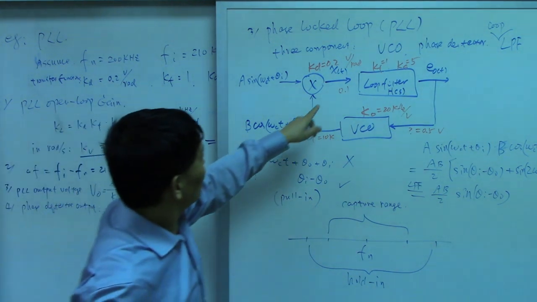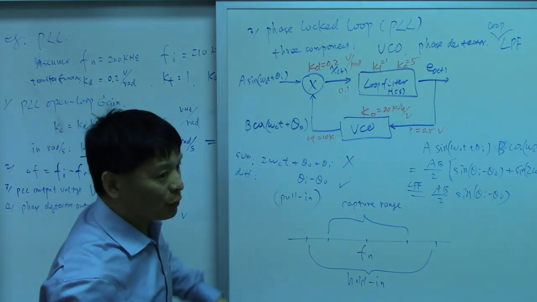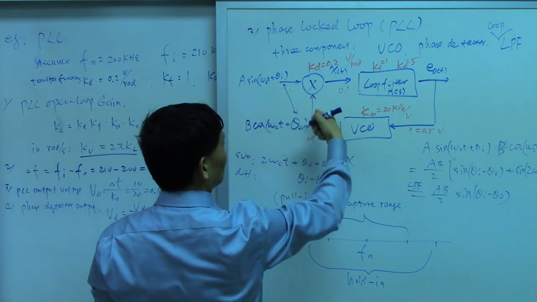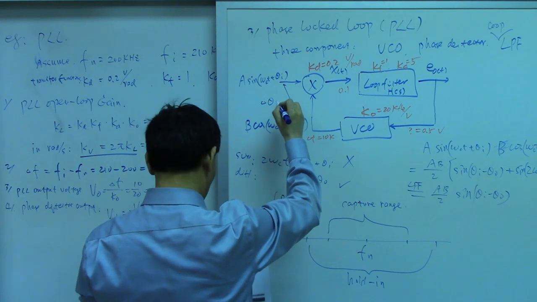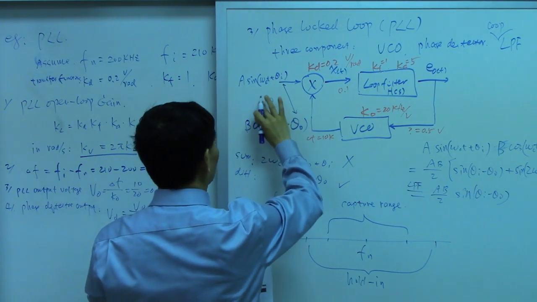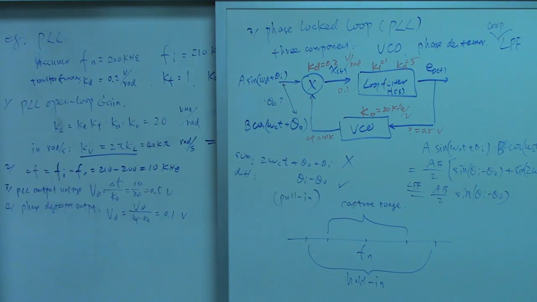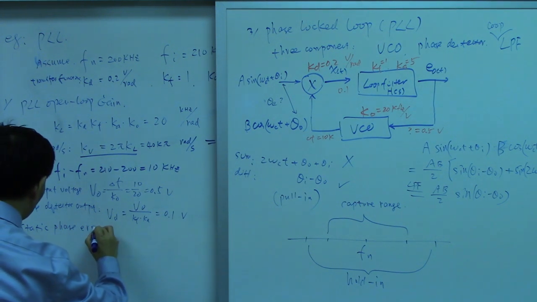If the output of this phase detector equals 0.1, then what is the phase difference, the input to here? That is theta E, the error of the phase. It's called the static phase error.